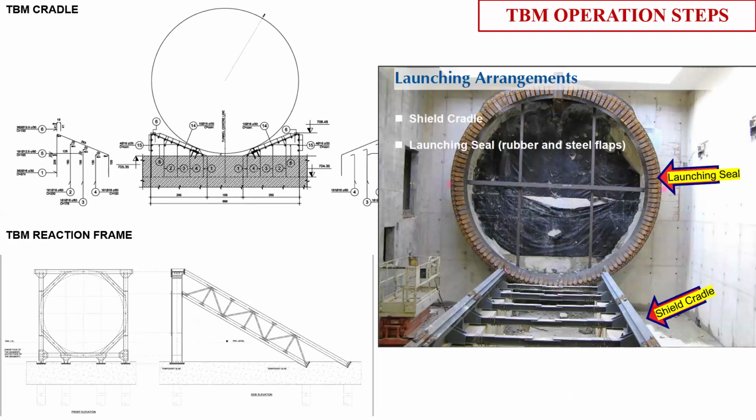In the break-in and breakout operation, if your ground has a very high groundwater condition, or you're expecting groundwater seepage or ingress, you put a sealing ring, a rubber type of material. Basically, it's a gasket type of thing where you make an impermeable or watertight structure between your TBM interface and your wall.